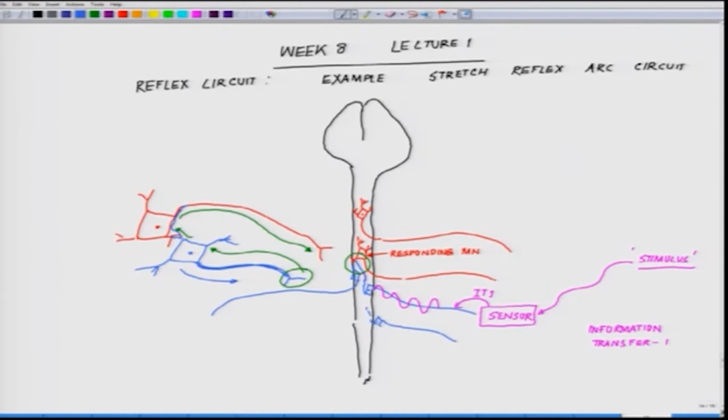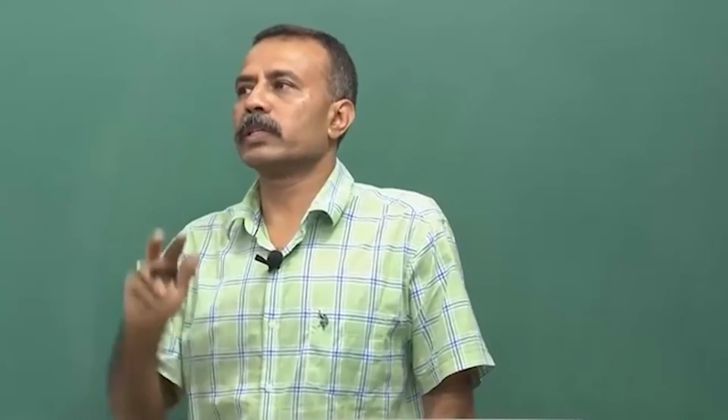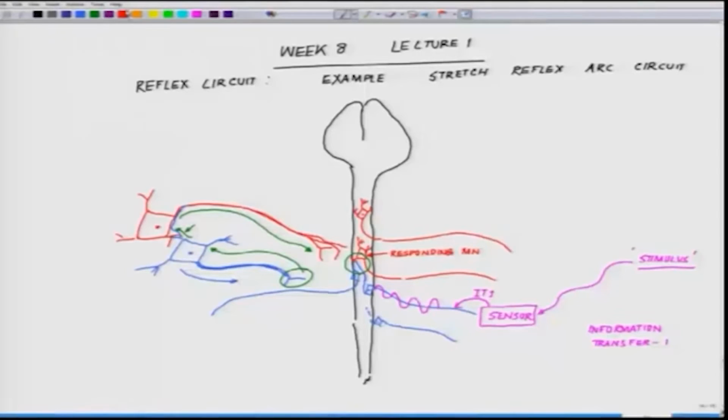You can keep it in close proximity to the ventral horn, right? So the signal moves like this, comes here, and synapses here, which is your information transfer 2. Then this processor brings back the processed signal through its axon to its target tissue out here. So the involvement here is directly between two major neurons. This is the only involvement that is happening.